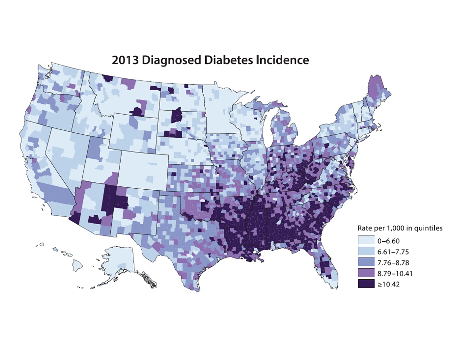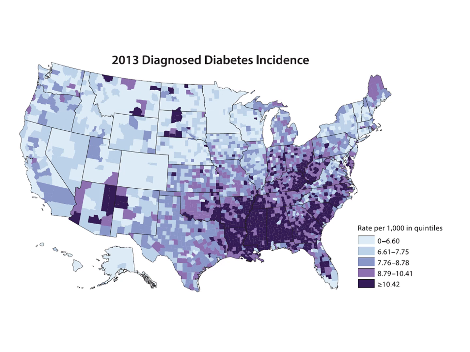Have you heard about the Bible Belt? Have you also heard about the diabetes belt? This is the prevalence of diabetes across the United States. This was in 2013. Hasn't changed much in the subsequent years.